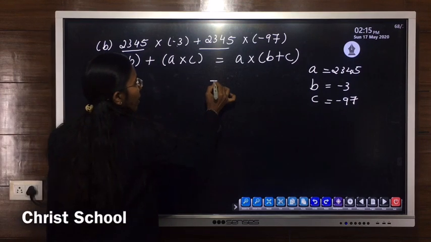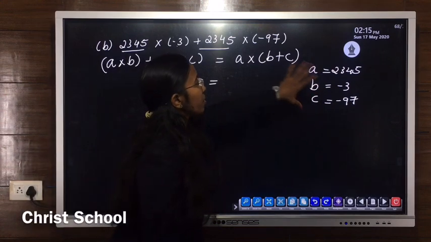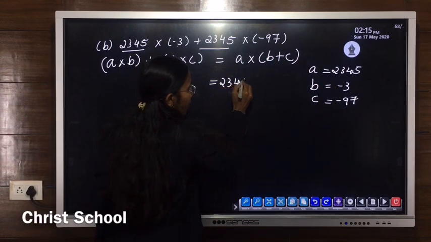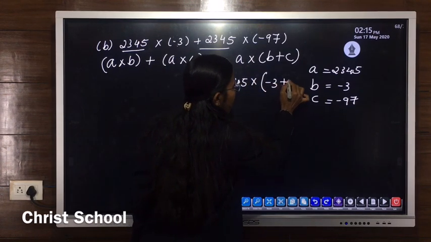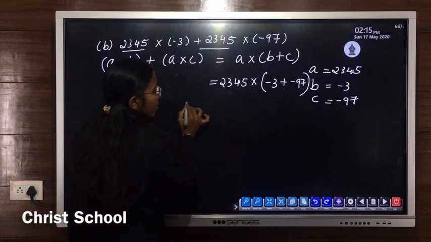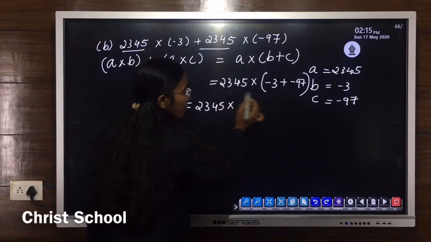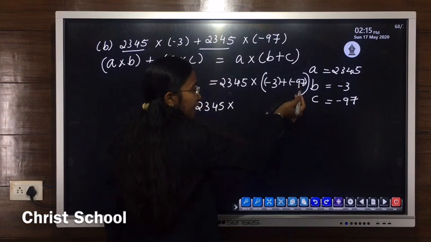So what is the answer? A into B plus C. So we are substituting these values into this answer. Here A is 2345 into minus 3 plus minus 97. Both are negative numbers.